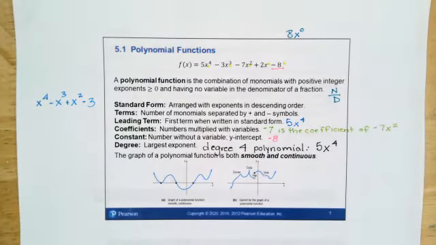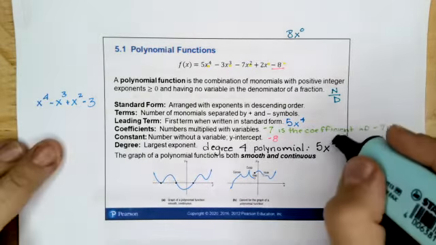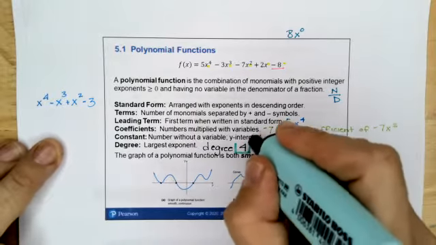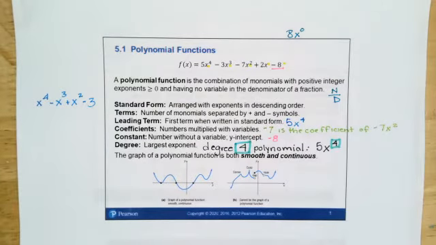The leading term was 5x to the 4th. So it's a degree 4 polynomial because we're talking about that number. Good.